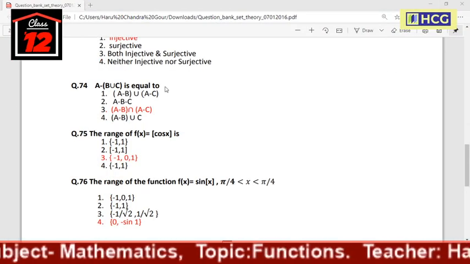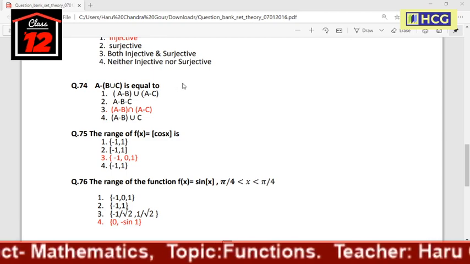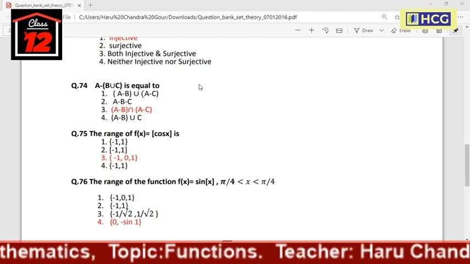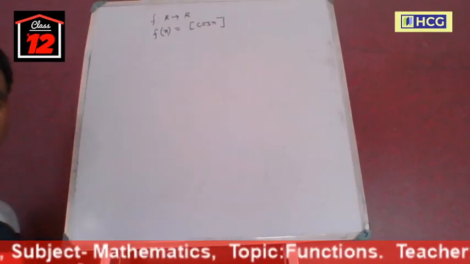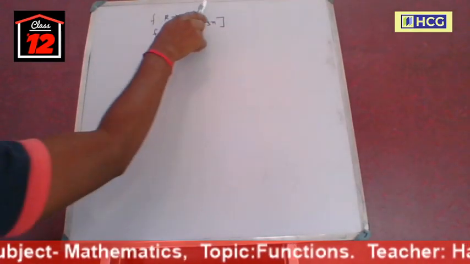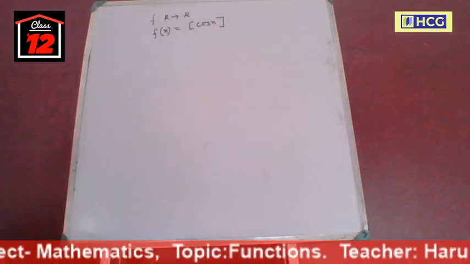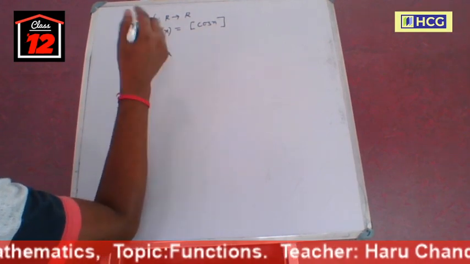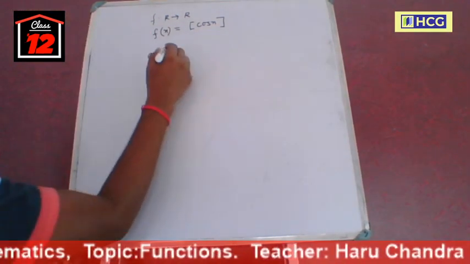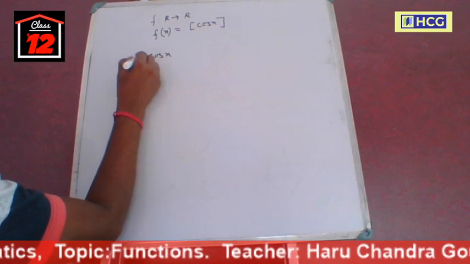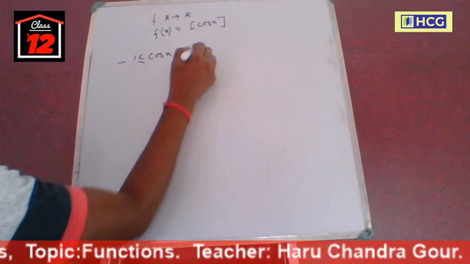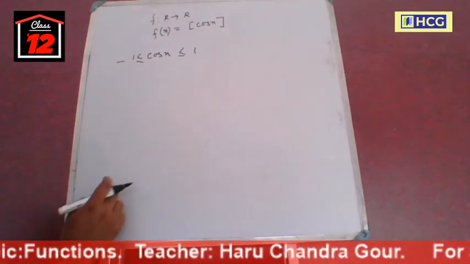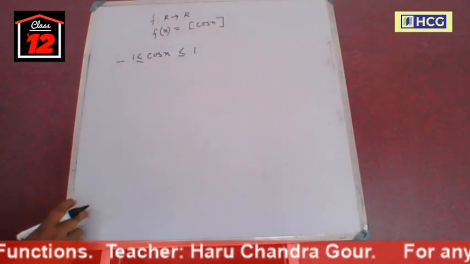Next, question number 75. Find the range of the function f(x) is equal to greatest integer of cos x. Find the range. Now the function is R to R and f(x) is equal to the greatest integer of cos x. So now we know that minus 1 is less than or equal to cos x, which is less than or equal to 1, and the bracket means the greatest integer function, not greater than x.